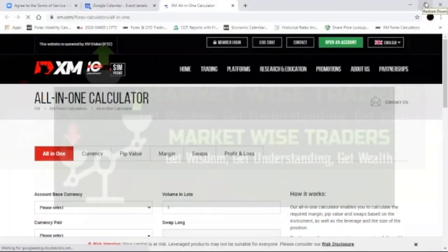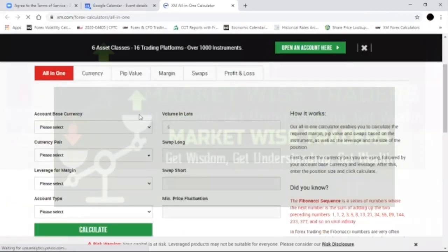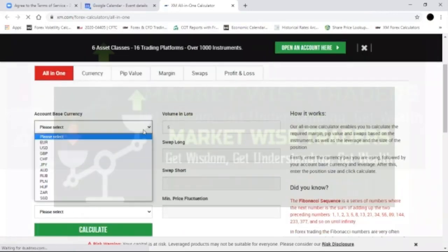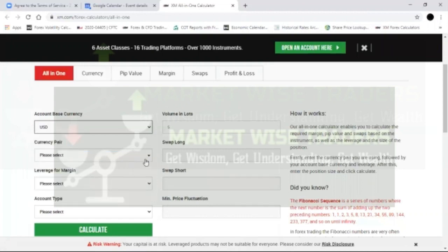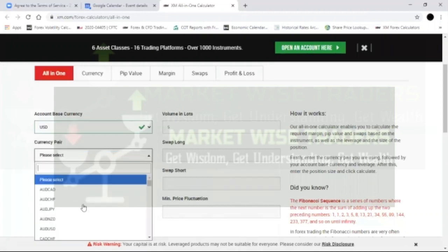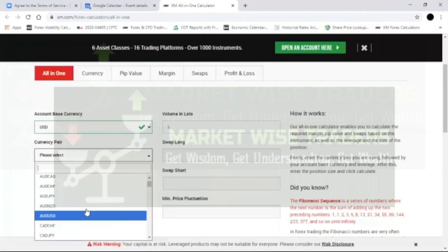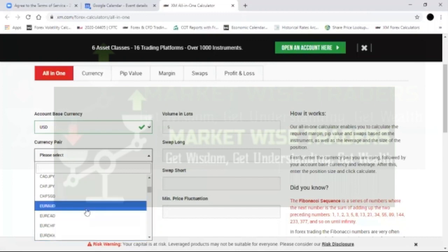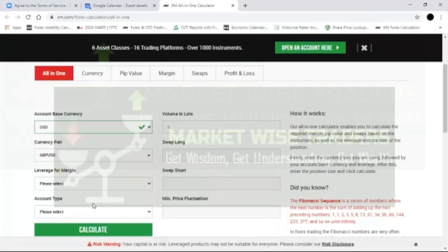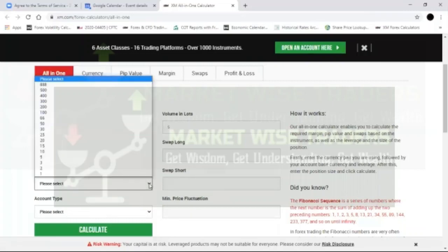This is XM, right? So as you can see here, most of us trade with our base currency as US dollars. You can use any other, but basically it's all the same, most of us use US dollars, meaning your account is a US dollar account. So you select the pair that you want to trade. Let's say, for example, we use the example which I used, the GBP US dollar, leverage.